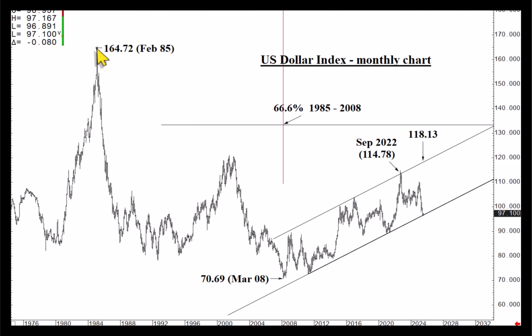So you've got a descending two-thirds speed line that takes into account the February 85 high against the March 08 low. The two-thirds pullback, this horizontal black line, is 133.32. I don't have it labeled here.